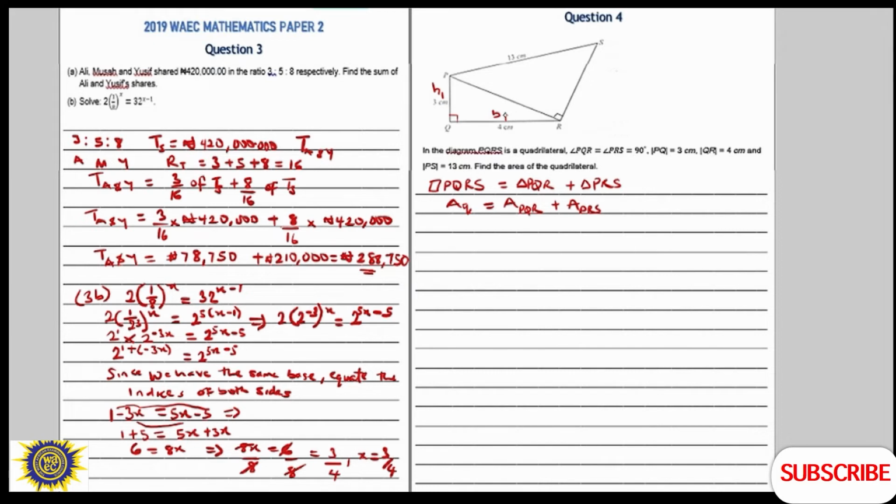So the area of triangle PQR will be equal to half B1 multiplied by H1. H1 is 3 and B1 is 4. 1 over 2 times B1, B1 is 4, and H1 is 3.